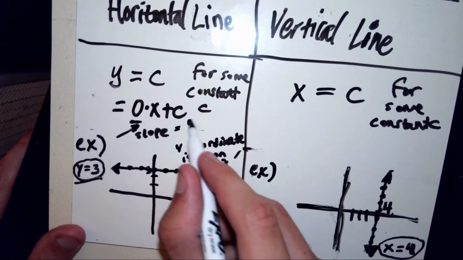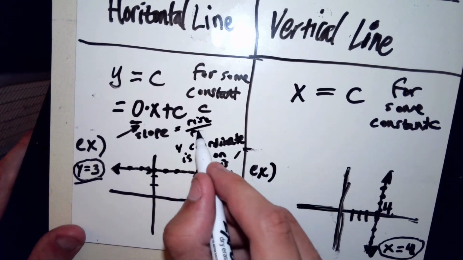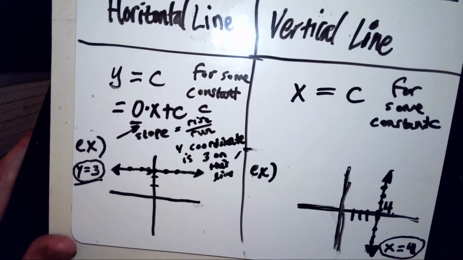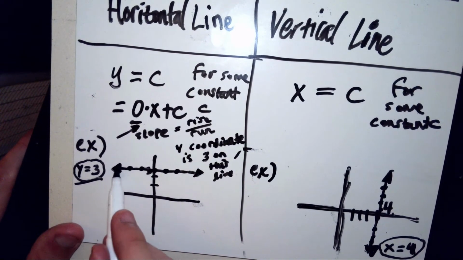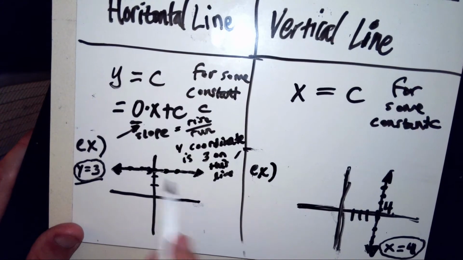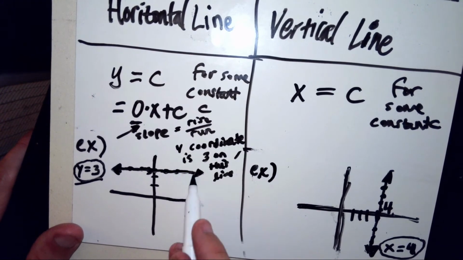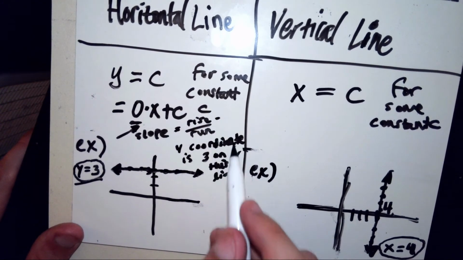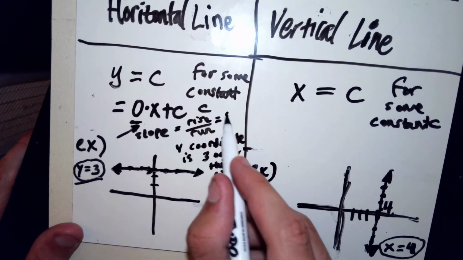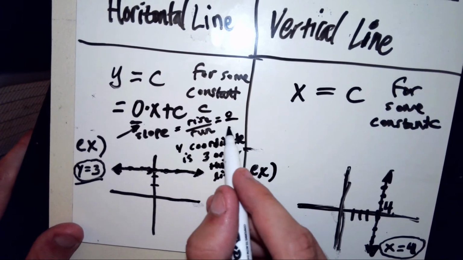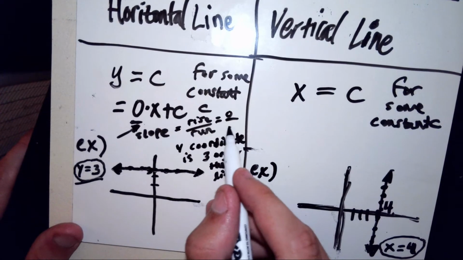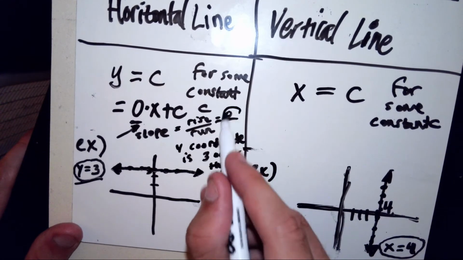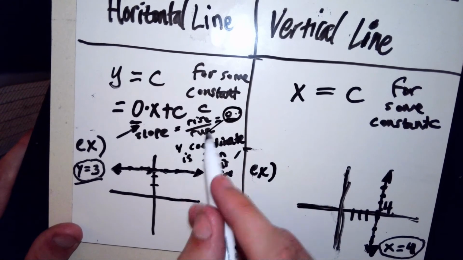Remember, the slope is rise over run. And in this instance, we aren't rising at all, right? We're staying on the same level. We aren't going up. So the rise component is 0. And then the run component, it doesn't matter what it is. It's non-zero, so this equals 0. And that's a horizontal line.